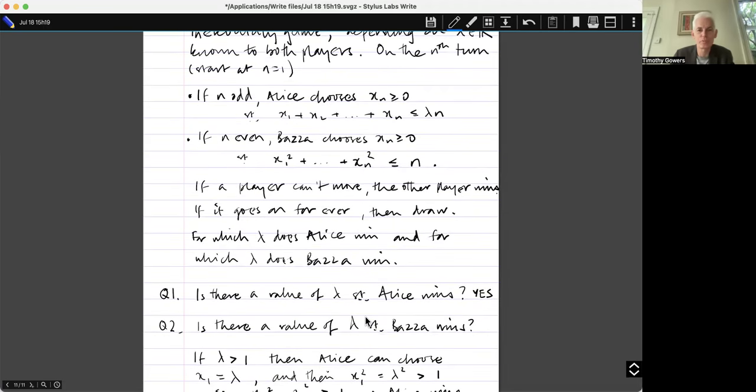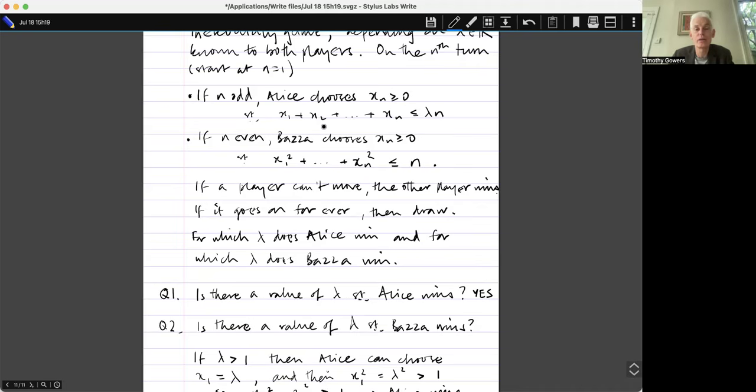It's not even obvious what the right strategy is, but I would guess that I'll consider what happens if Alice chooses x1 to be 1. So Alice chooses x1 to be 1. That forces Bazza to choose x2 to be 0.